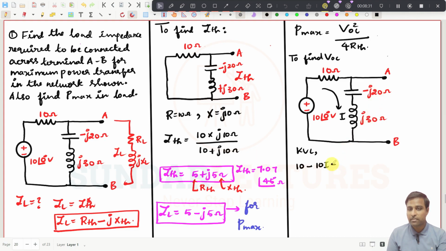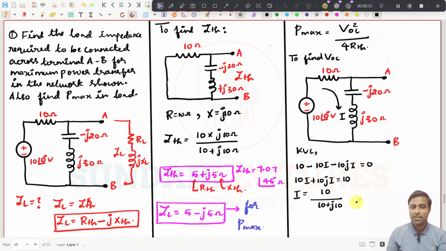So that expression will also be 10jI, that should be equal to 0. And if you simplify this, you will get 10I plus 10jI equal to 10. If you further simplify this, taking I commonly outside, you will get I equal to 10 divided by 10 plus j10.